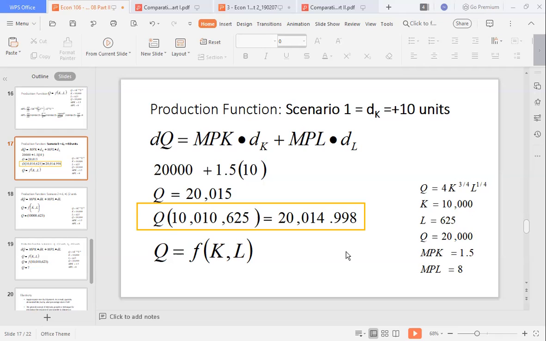Do we have a question, class, on how we arrive at 20,014.998?